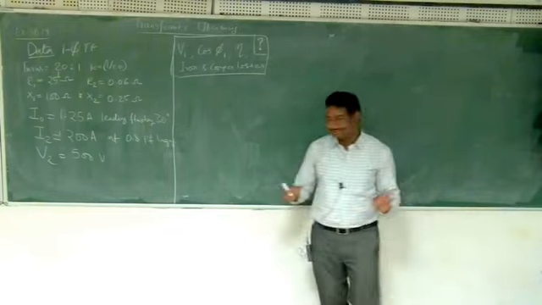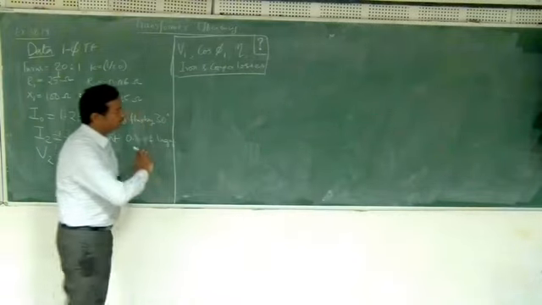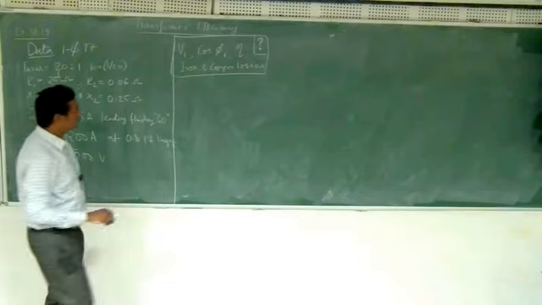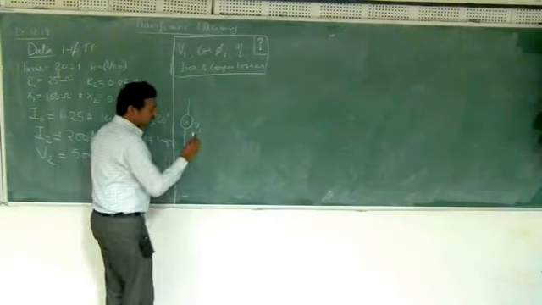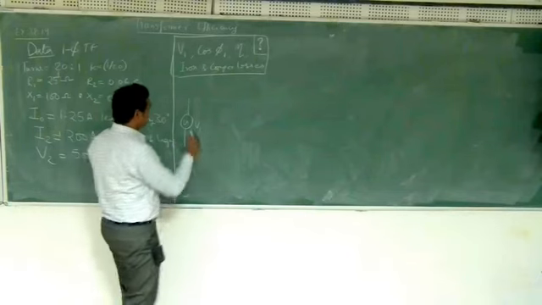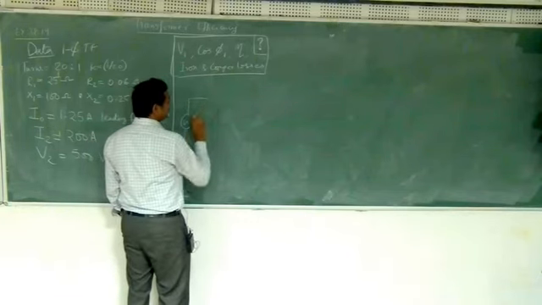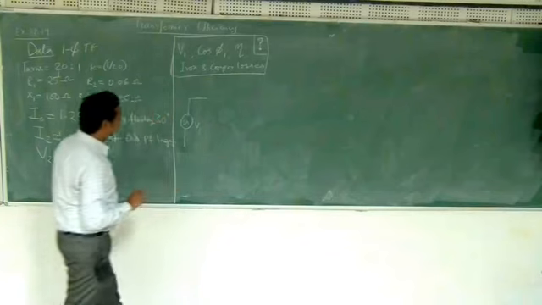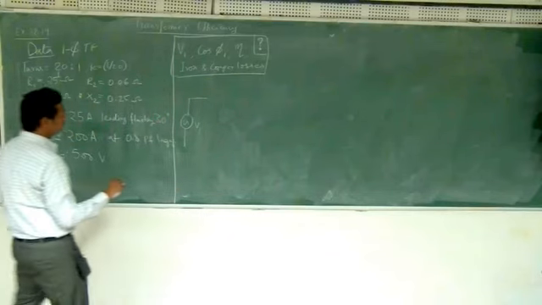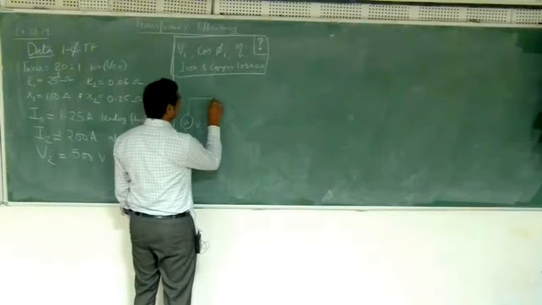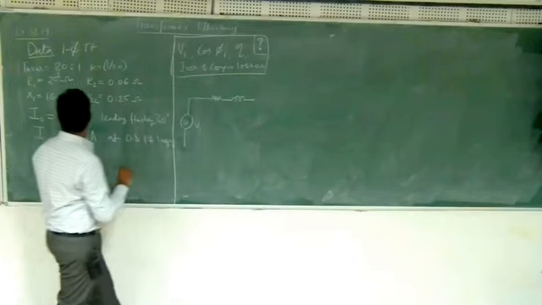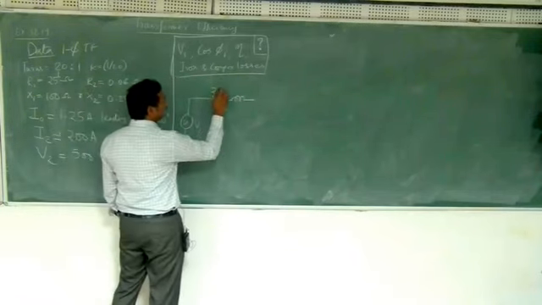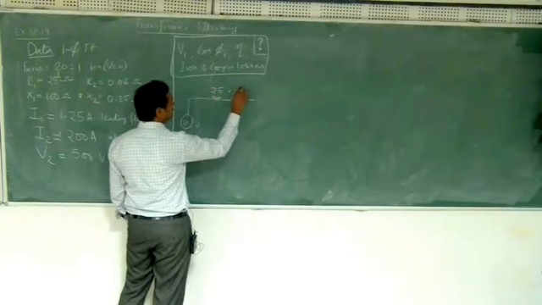It helps you if you simply draw the equivalent circuit. Basically it's a circuits problem, you will realize. So this is V1. Then what do we have? R1, X1, which is 25 plus j100.